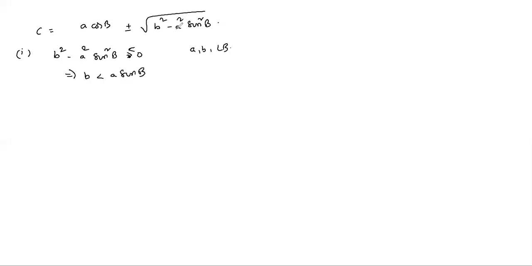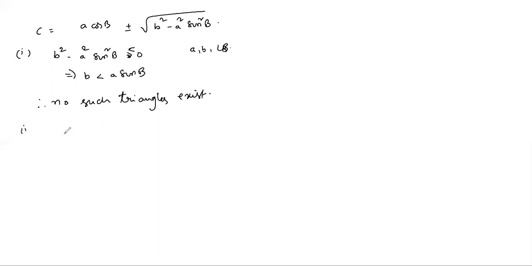Discriminant negative means no real root, so no value of c exists. So for the given sides a, b and angle B, if b is less than a sin B, then no such triangle exists.